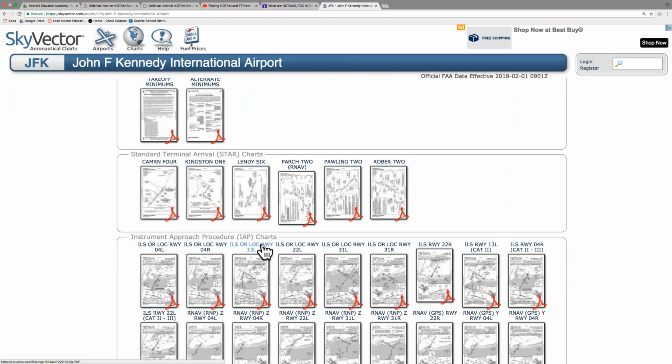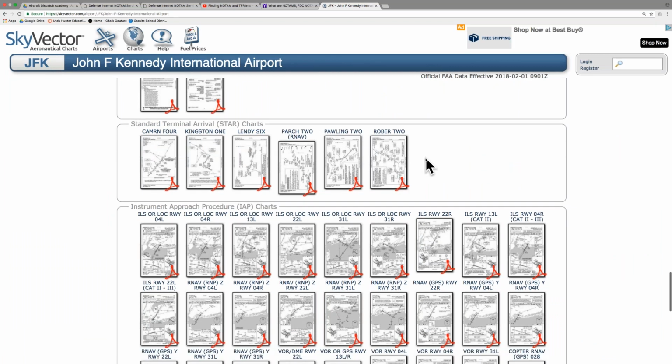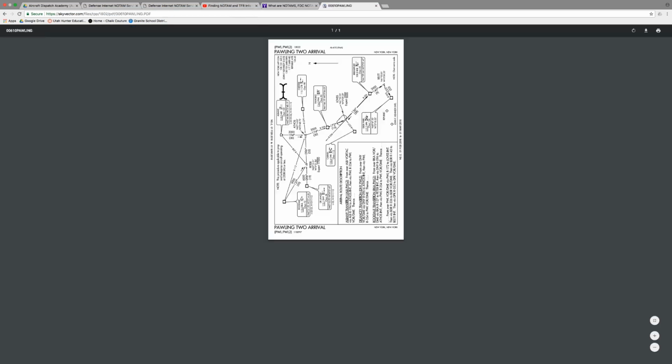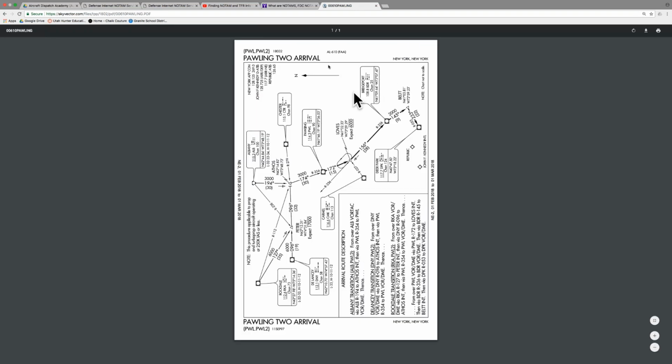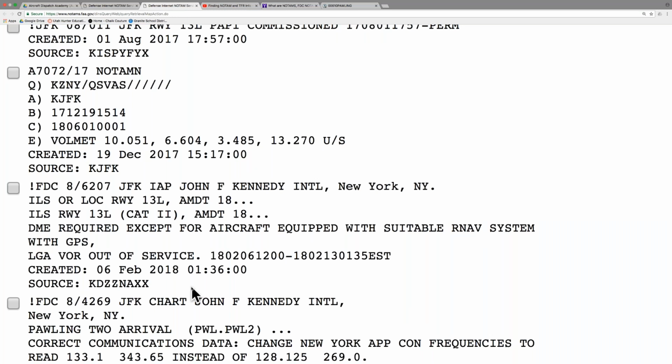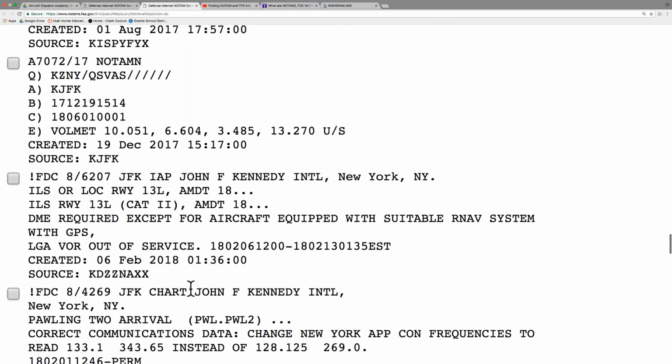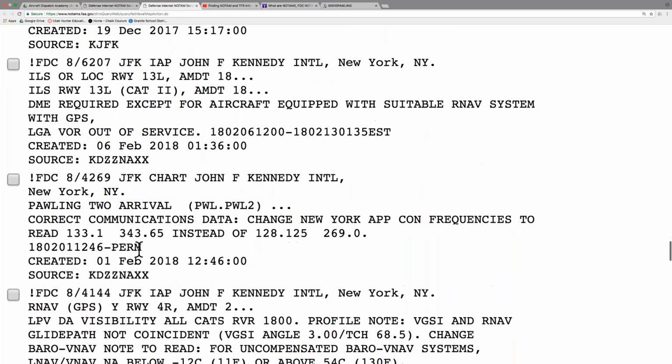So if we come down here to the STAR charts, arrival charts, Pauling 2, we can see it here. It's a good question. So this is where we apply it, right? Okay. So we'd look at this Pauling 2 arrival. How did you just know that? Lots of practice.